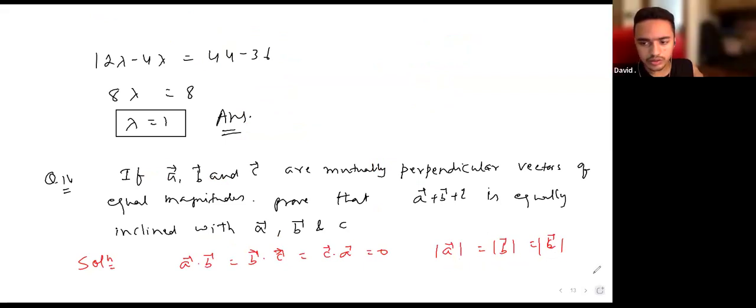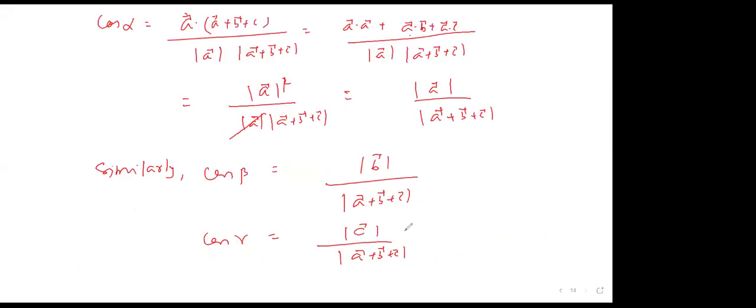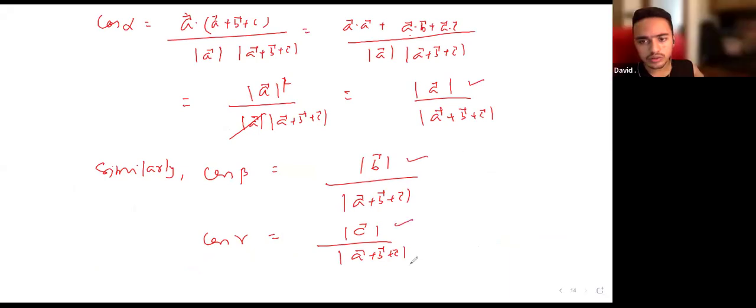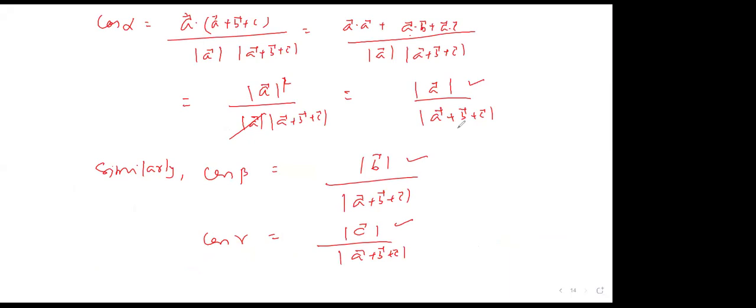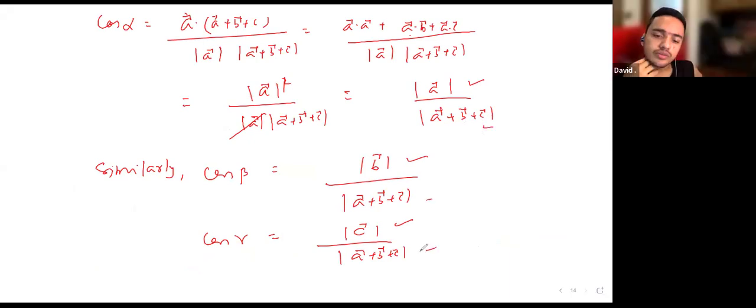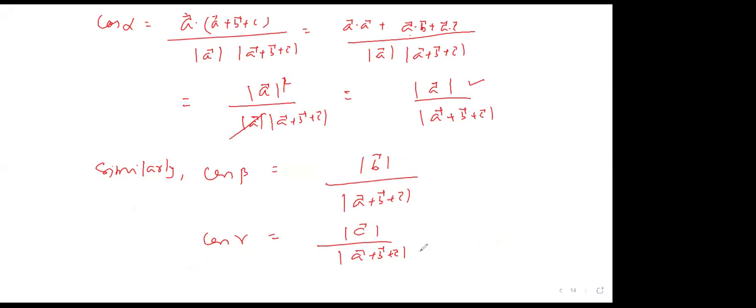Isn't it? Yes, sir. So magnitude of A, B, C are equal, and in the denominator there is the same thing. That means cos alpha, cos beta, cos gamma are equal.